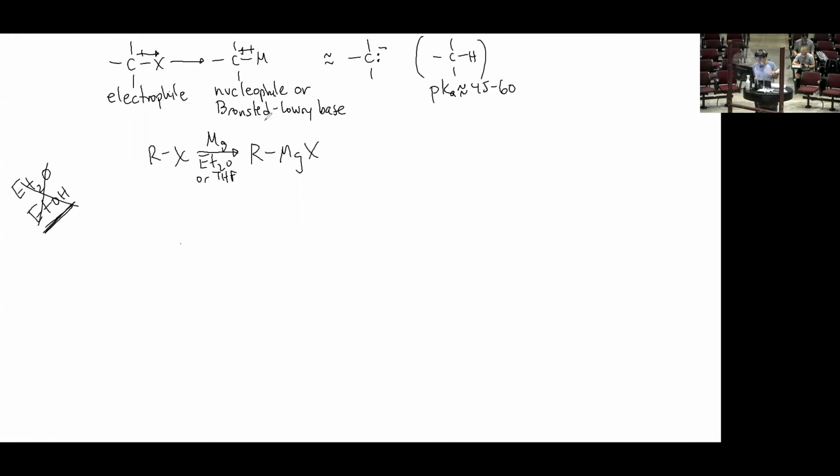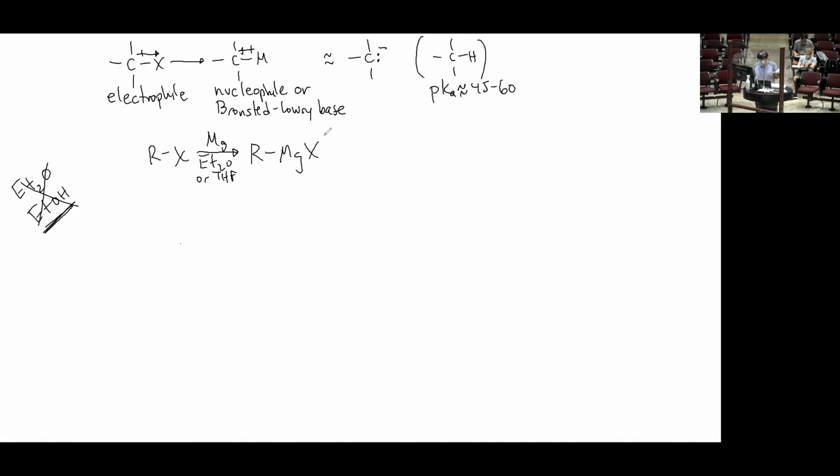If there is some group in R that reacts with organometallic species, you're not going to be able to get the reaction to occur. But anything else, any hydrocarbon group for sure, any groups that are not protic or do not contain a carbonyl group, you're fine, and you can functionalize it with a magnesium atom like that, and you'll get a stable compound.